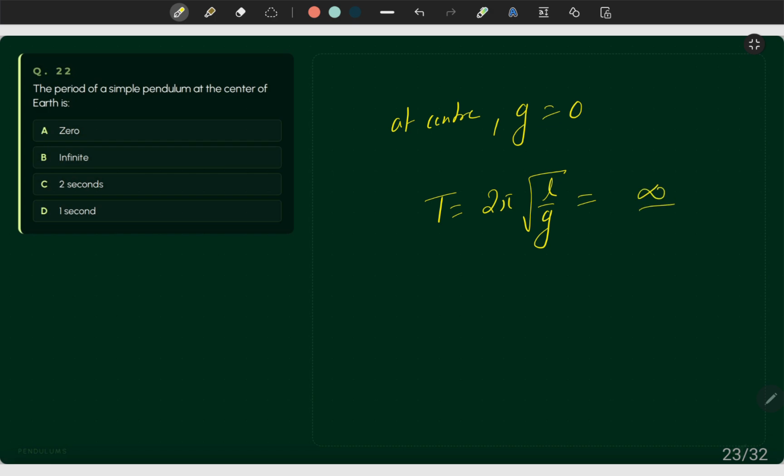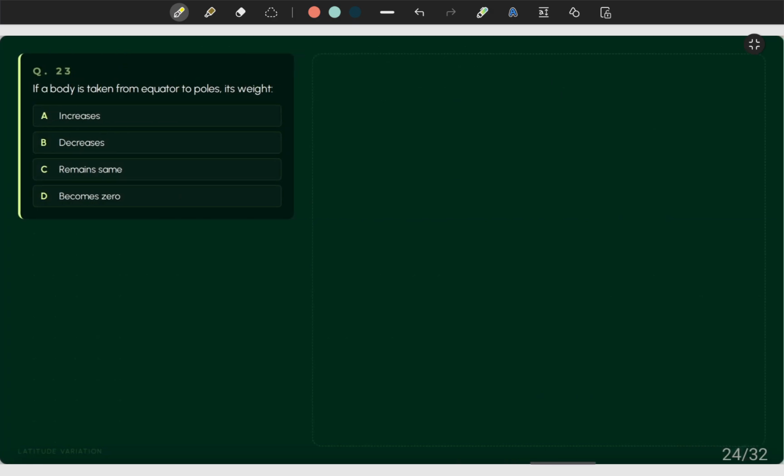Question number 23. If a body is taken from equator to pole, its weight. So as we know that g is proportional to 1 by r square, or we can say weight is proportional to 1 by r square.